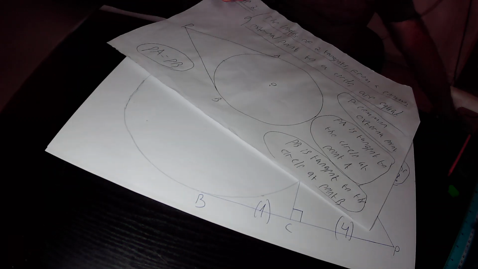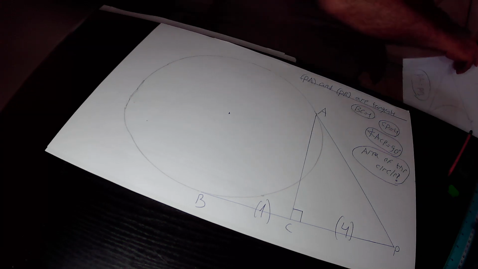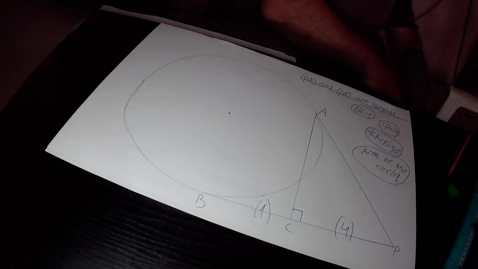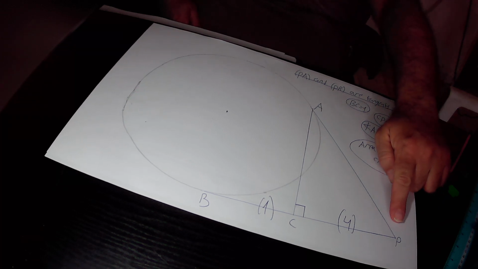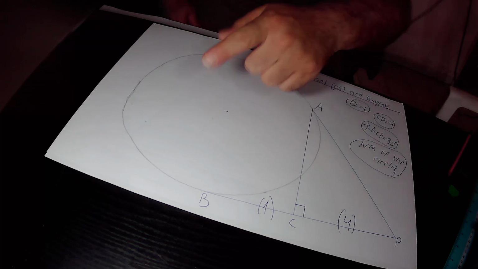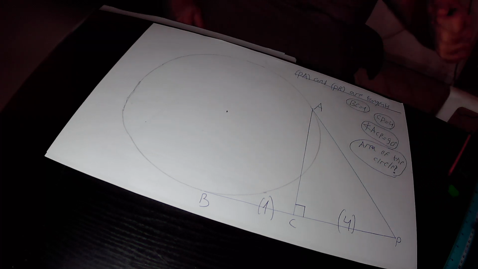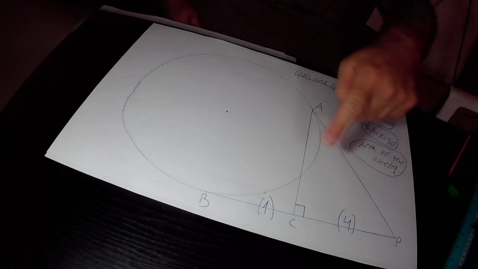So we can actually implement rule 2 in our drawing. Why? Because in our drawing, we have the common standpoint point P. From this point P, we have two tangents to this circle, tangent PA and tangent PB. According to rule 2, they are equal to each other. That is to say, PA equals PB.